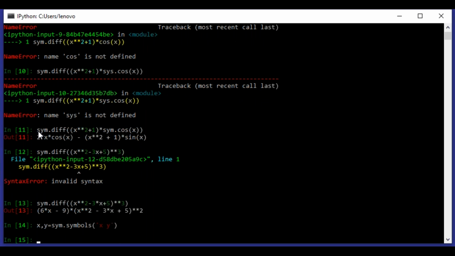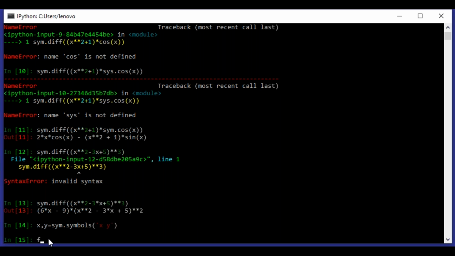This is for a multivariable function, where we have x and y, and we are finding the partial derivative. We give x comma y equal to sym.symbols in brackets 'x y', then give our function.